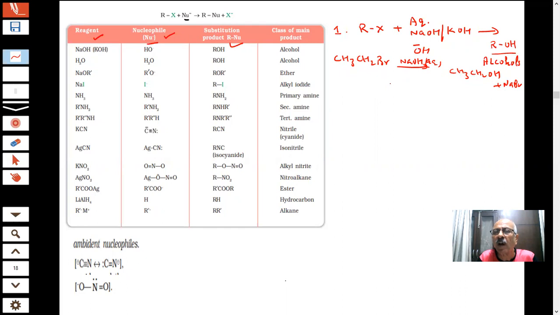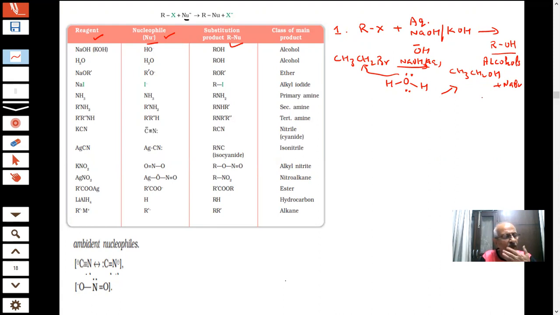Similarly, if I use water, what does water have? There is a lone pair of electrons, and this will be attacking this carbon, and what you will get will be an alcohol, and OH goes with this, Br goes with H. These are the methods for the preparation of alcohols.